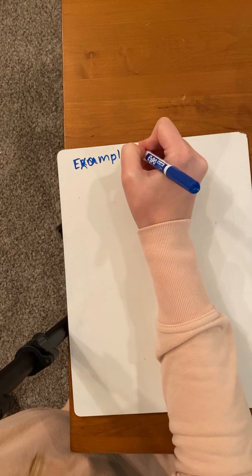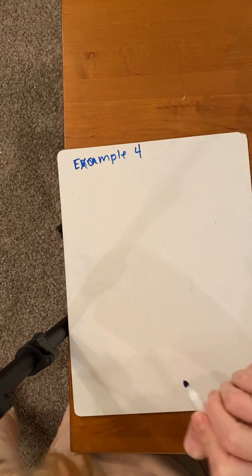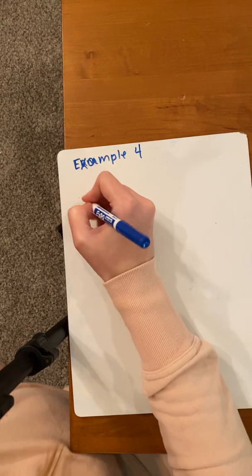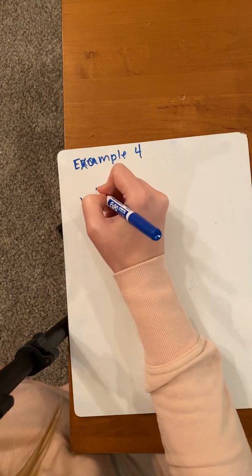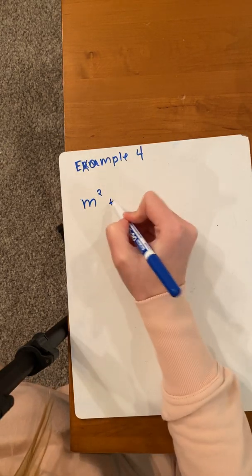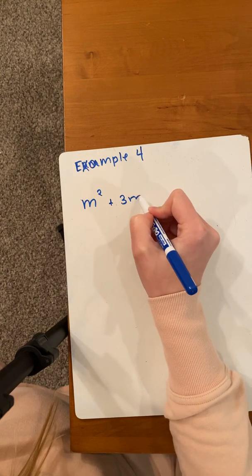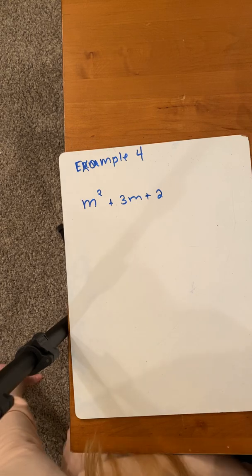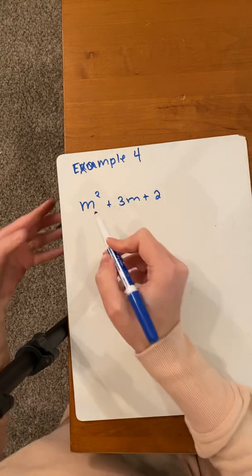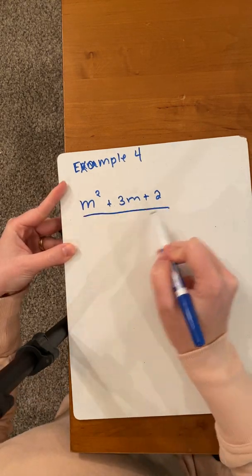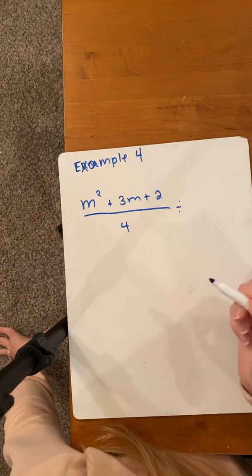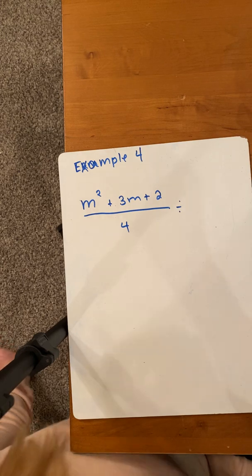Example 4: we have the expression m squared plus 3m plus 2 over 4, which is then being divided by m plus 2 over m plus 1.